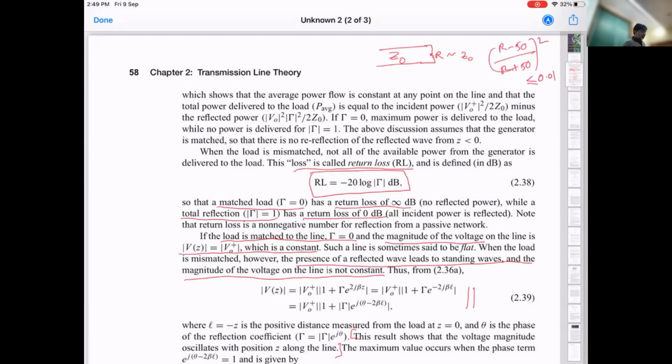So if I put 40, then I have 10 over 90, which is just about 0.1, and squared it is about 0.01. And if I go the other way, if I go 60, then I have 10 over 110. So roughly 40 to 60 ohms would give you a power mismatch which is less than 1%.